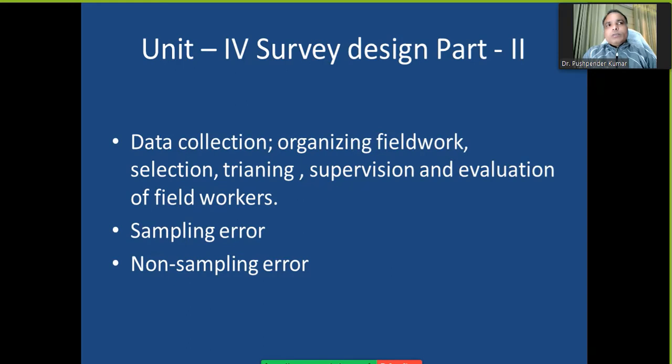So you need to develop this process and procedure in such a way that you have the right people with you, and you provide them the right kind of training so that they can collect the right kind of information, and finally you can evaluate this information for your analysis, right?